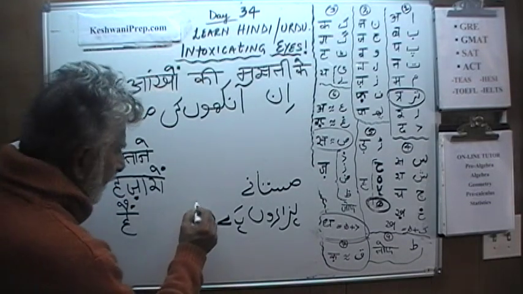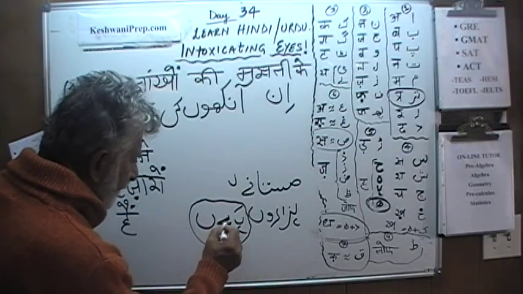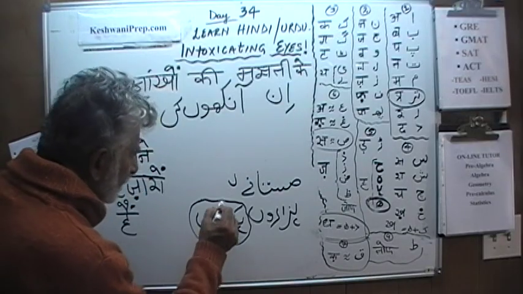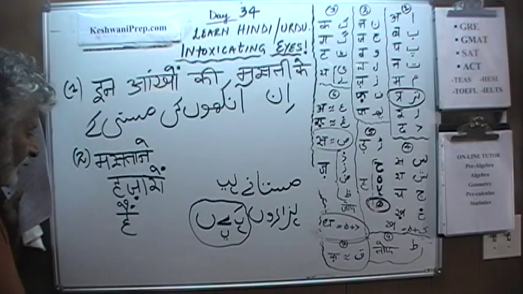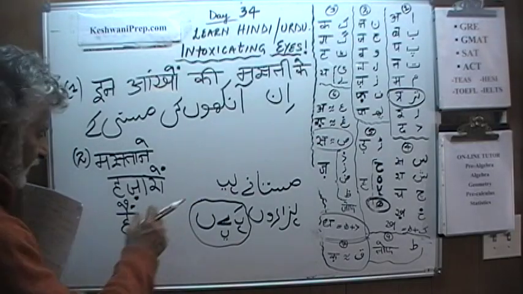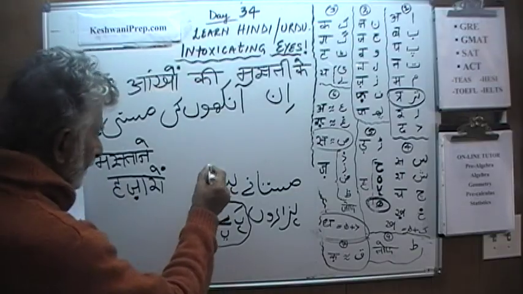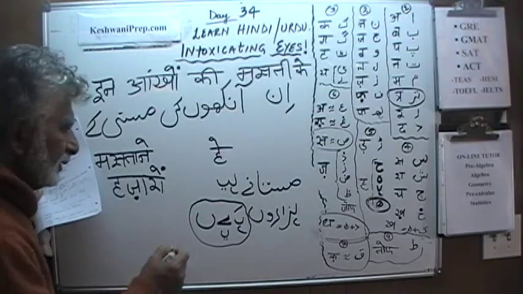Let's put this part together. This is hain. And as you know, whether it's choti hai or badi hai, when it appears in the middle, it takes this shape, right here. So far it says hey. We don't need hey, we need a badi hai ki matra.